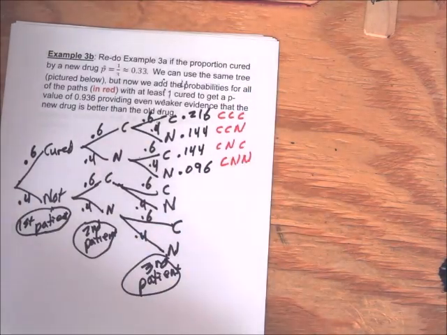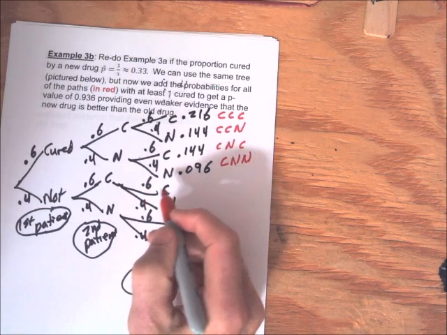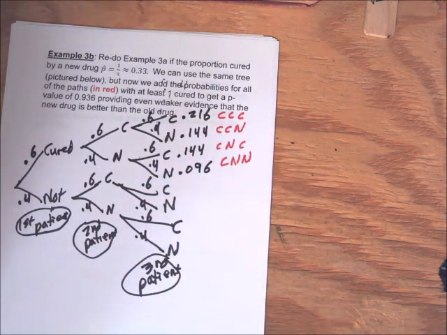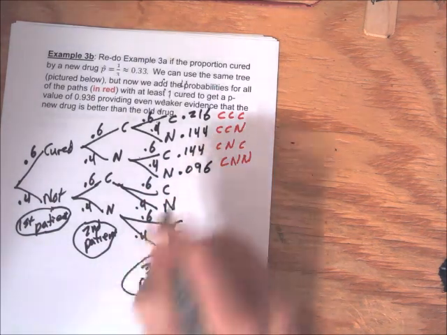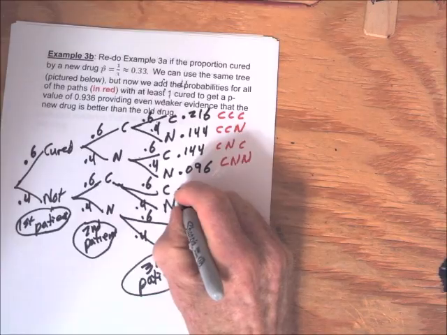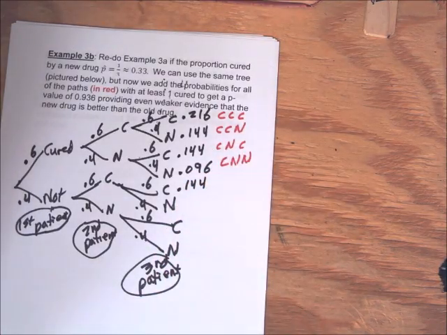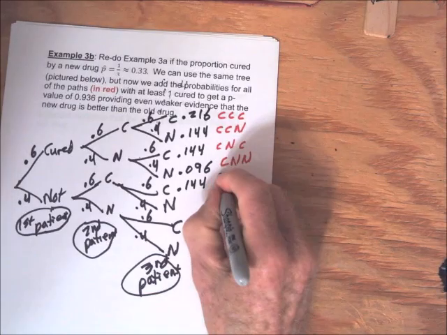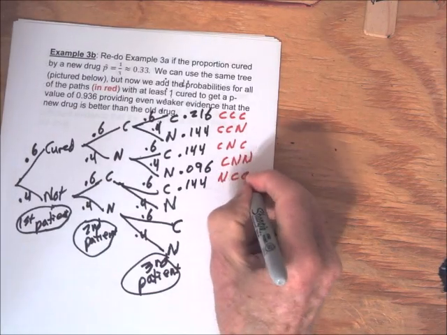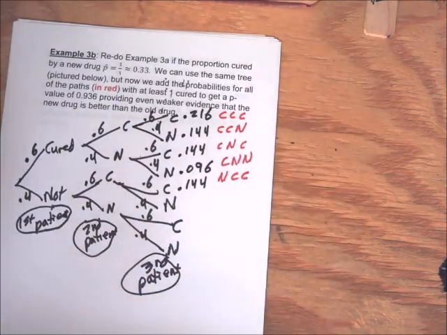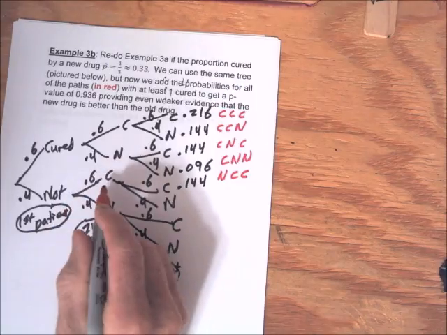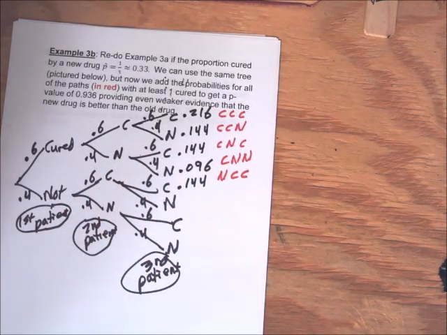And then we have not cured, cured, cured: 0.4 times 0.6 times 0.6 is 0.144. And then 0.4 times 0.6 times 0.4, 0.096, that's not cured, cured, not cured.